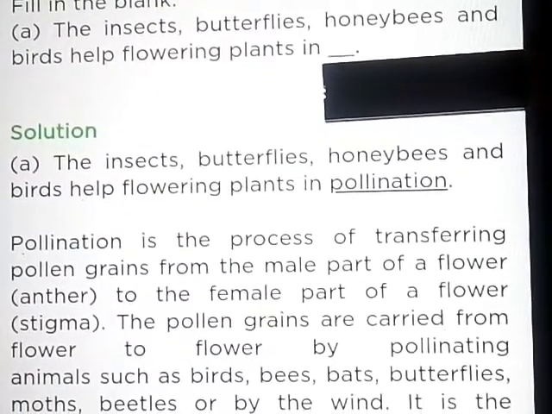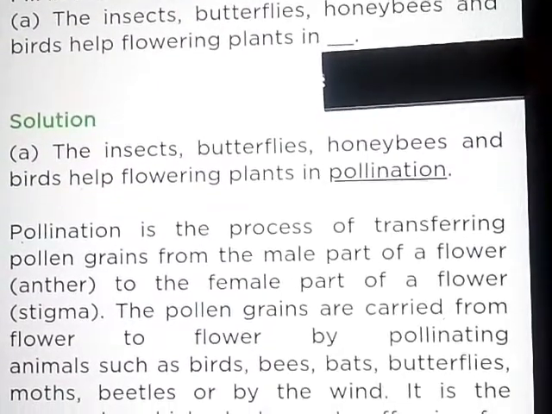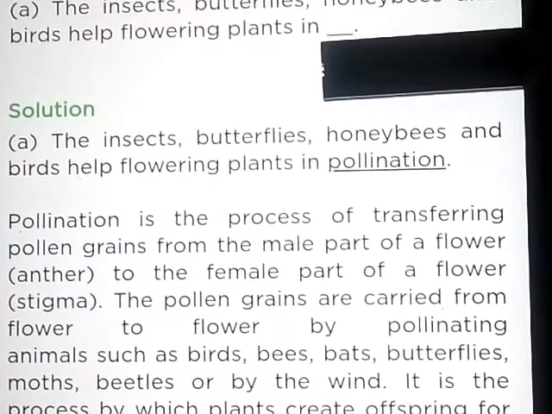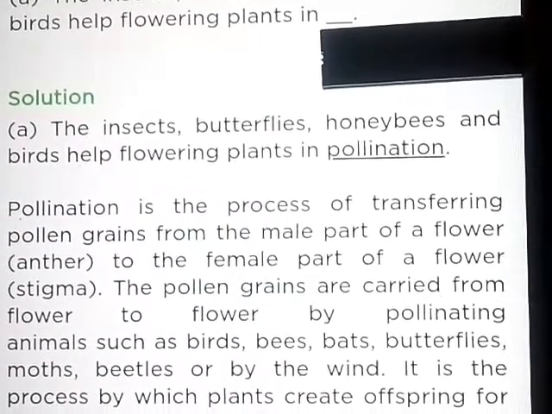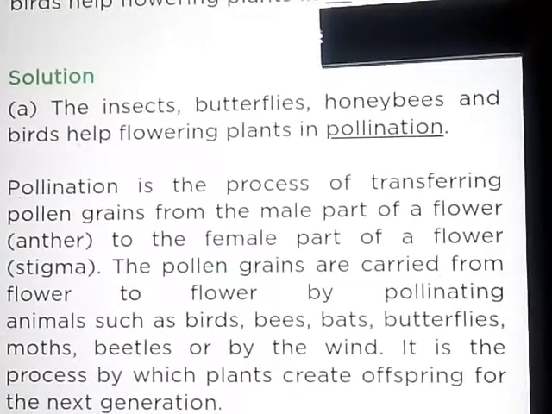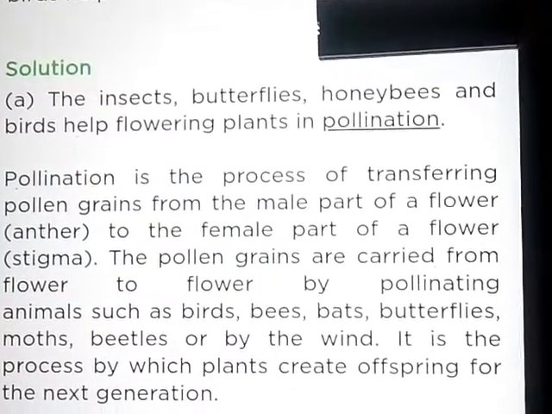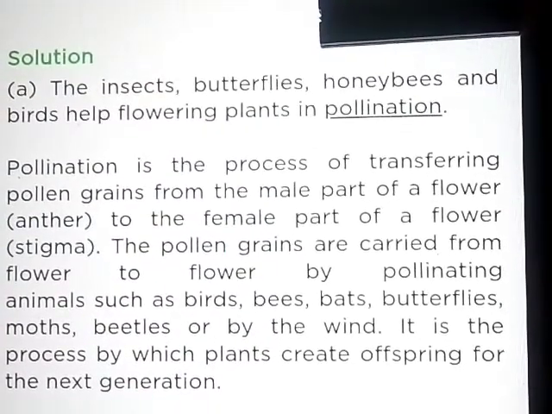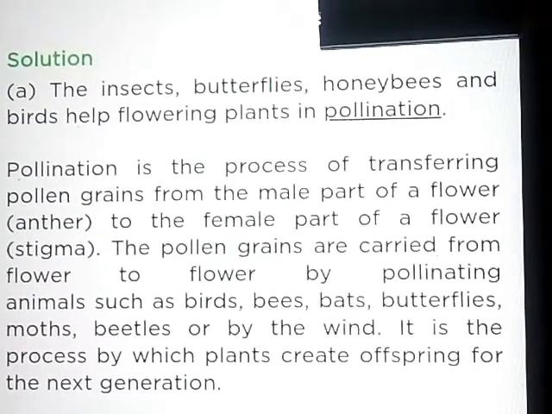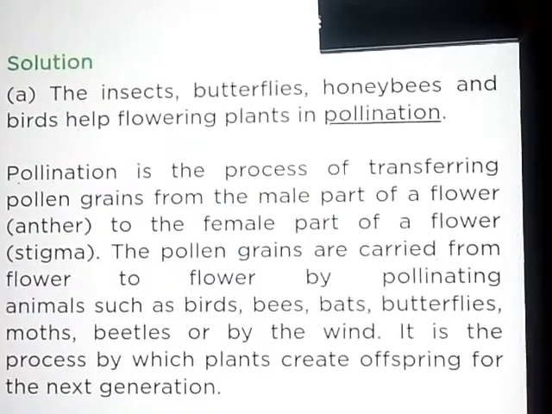The pollen grains are carried from flower to flower by pollinating animals such as birds, bats, butterflies, moths, beetles, or by the wind. It is the process by which plants create offspring for the next generation.